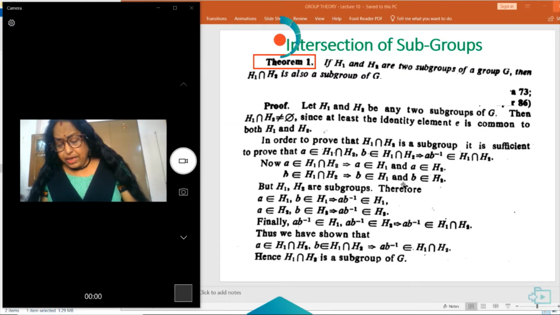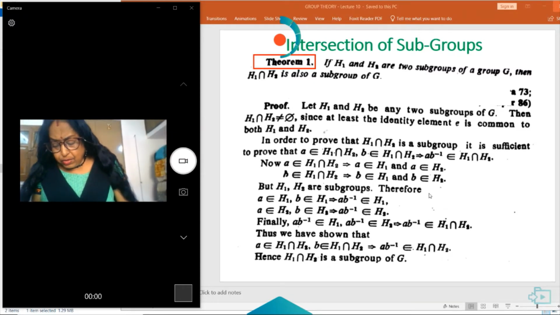Now A belongs to H1 intersection H2 means A belongs to H1 and A belongs to H2. B belongs to H1 intersection H2 implies B belongs to H1 and B belongs to H2. Combining these, if A belongs to H1, B belongs to H1, and H1 is a subgroup, then AB inverse also belongs to H1.